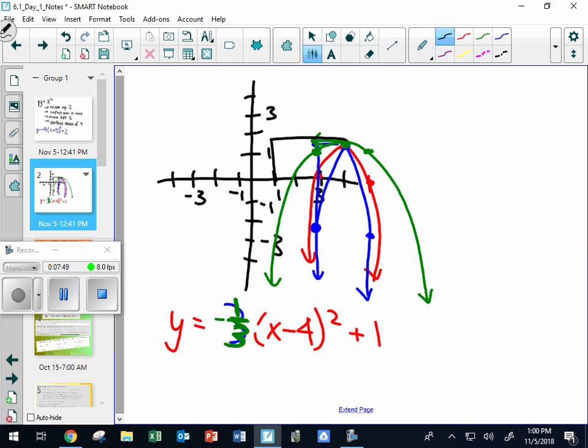It would not be the same thing. Notice that your parabola doesn't match up with this point, okay? Your parabola is not matching up because that is not how we're looking at the stretch. We're looking at the stretch as just over 1. Only looking at over 1. How far down or up are you going? Okay?